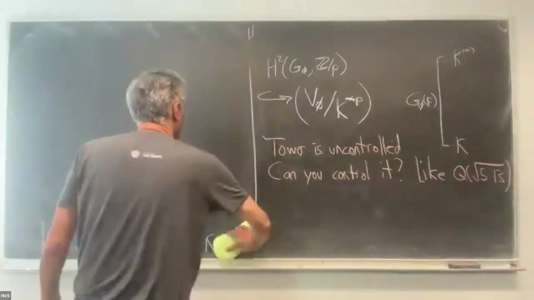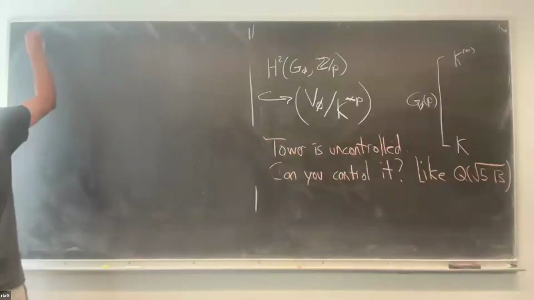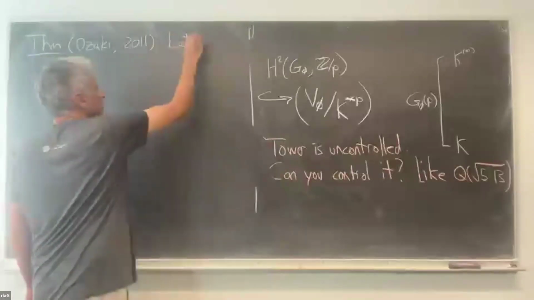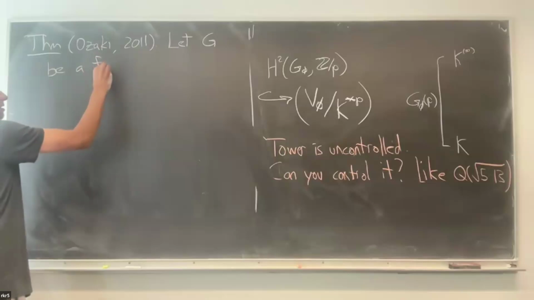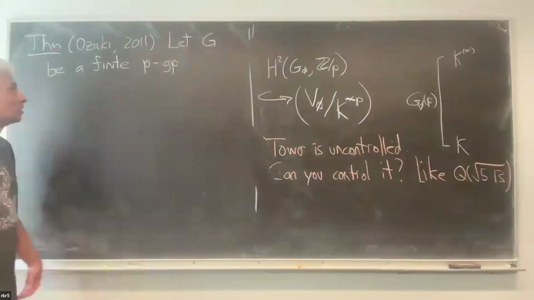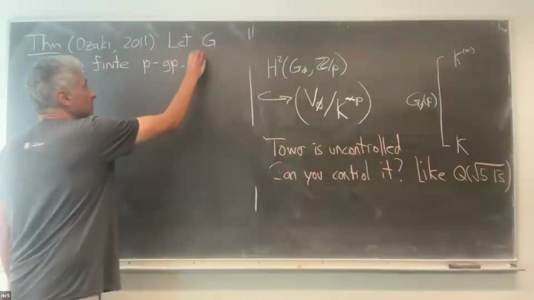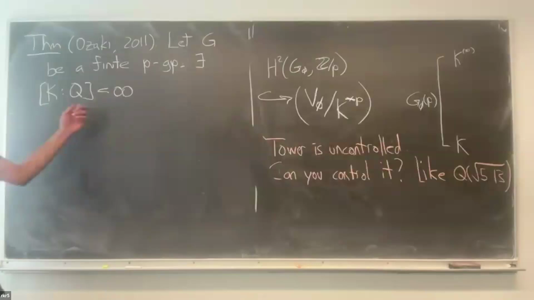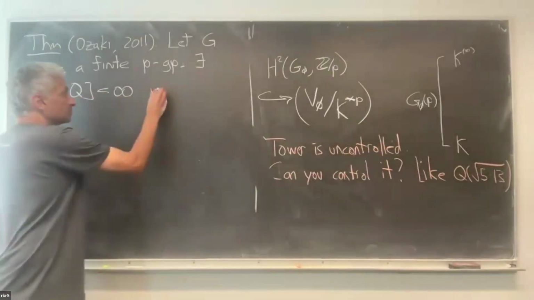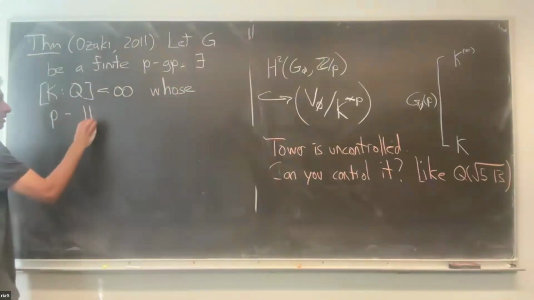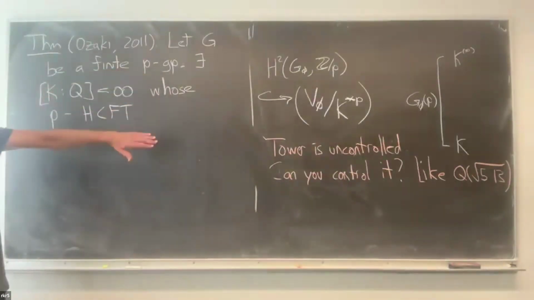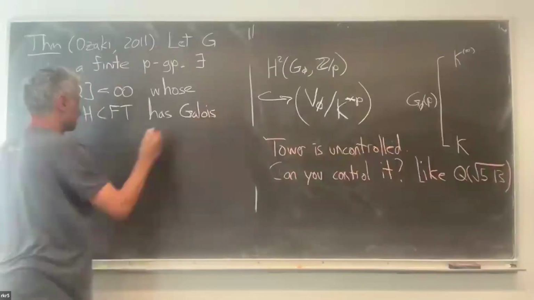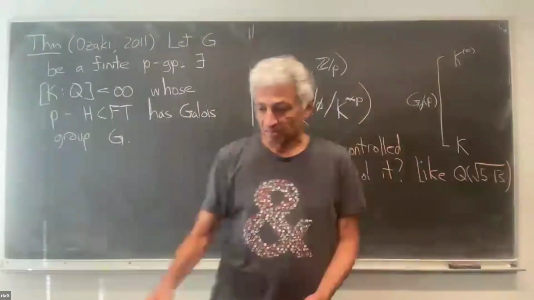from 2011. Any finite P group you like, then Ozaki asserts there exists a number field K of finite degree over Q such that if you go up to the maximal pro P extension, unramified everywhere, it has Galois group exactly G. So any P group you like.